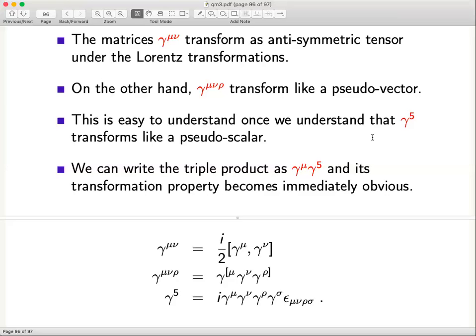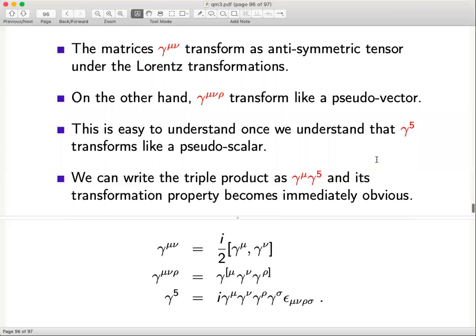One thing here. We are writing that gamma mu nu transforms like an antisymmetric tensor. We aren't stipulating that, right? It just turns out that way. We are neither postulating it nor defining it.